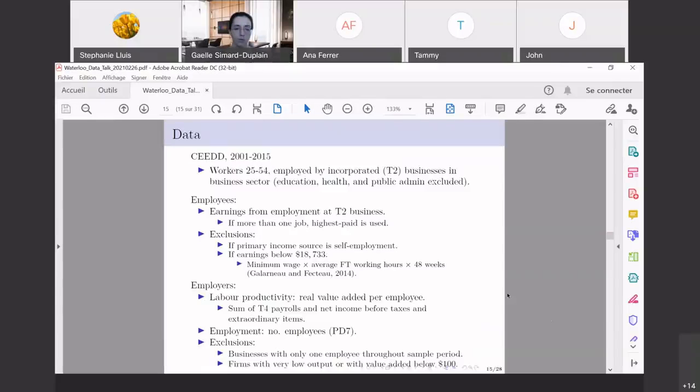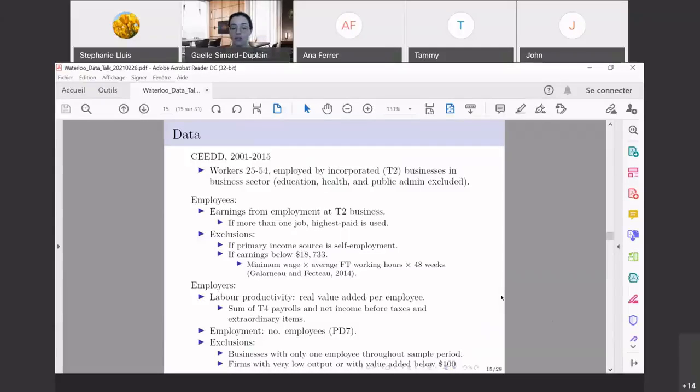So we're going to focus on earnings, as I mentioned. We don't have wages and hours, unfortunately, which is going to be a challenge that we have to contend with. Part of the problem is that differences in earnings are going to reflect both differences in wages and in hours, and we'd like to minimize the effect of the differences in hours as much as we can, given that we don't know how many hours people work.